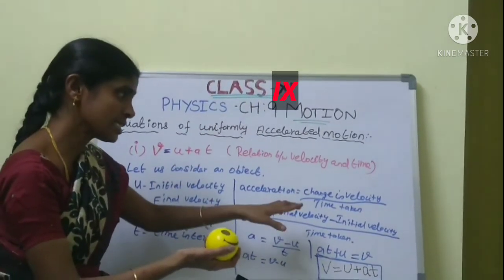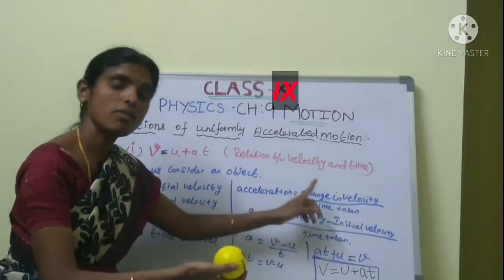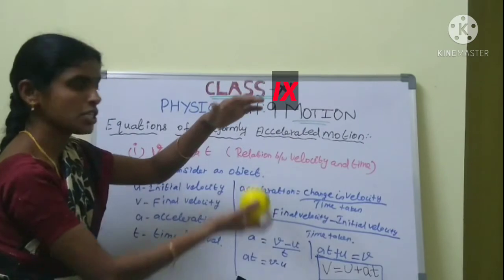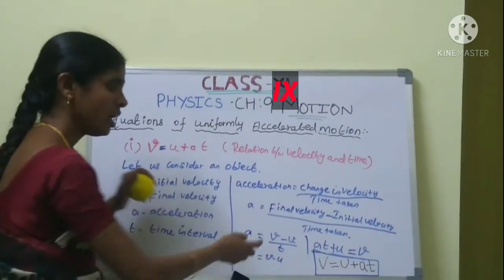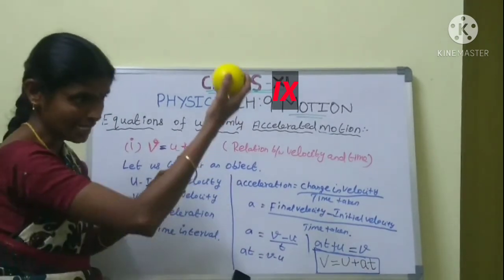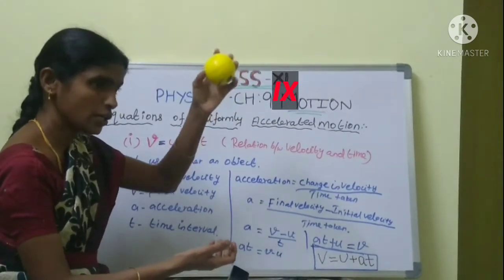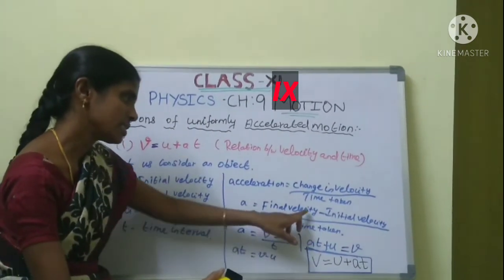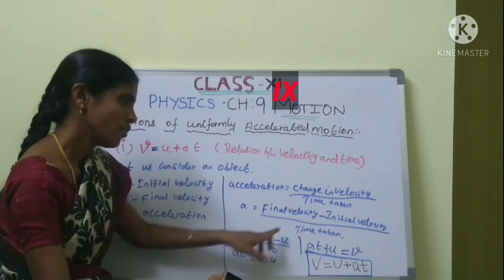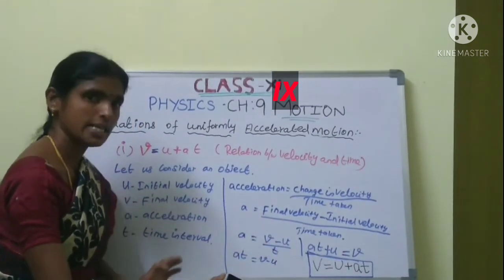That is the change of velocity. This is the final velocity. This is the initial velocity of the object. Now, time taken. What is the time interval of the object? From initial to final velocity. See here, a equal to final velocity, we can say v, minus initial velocity, we can say u, divided by time taken, we can say t.